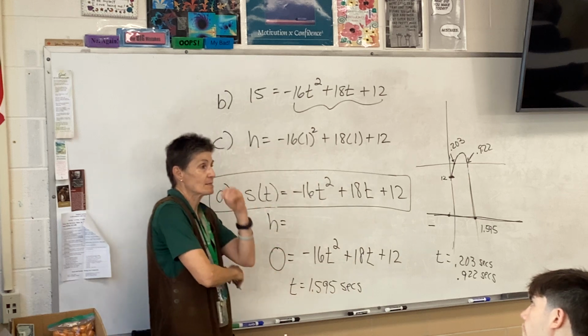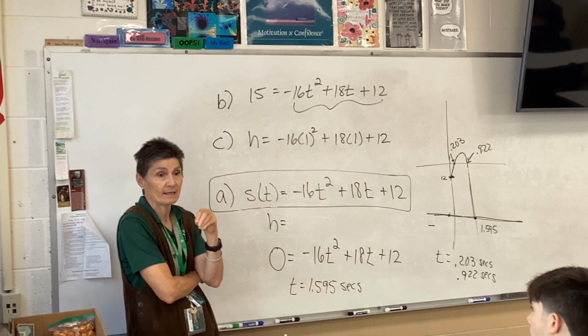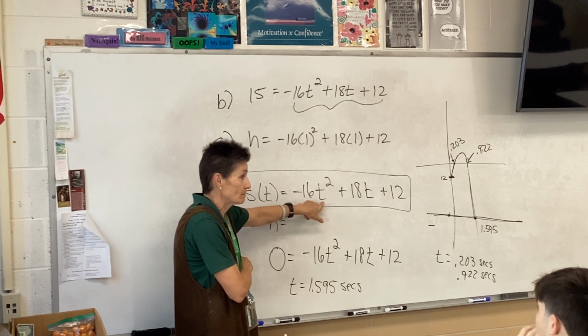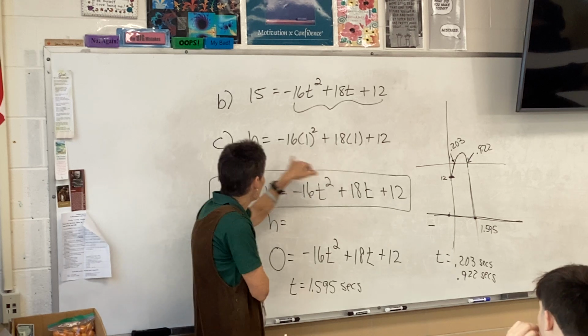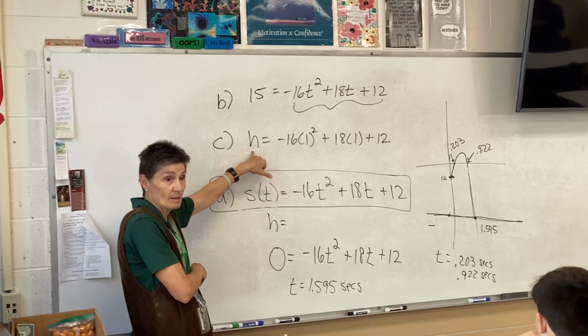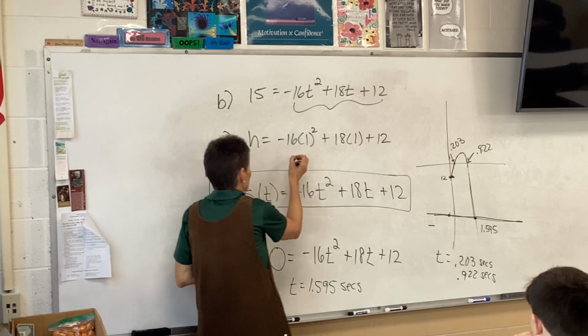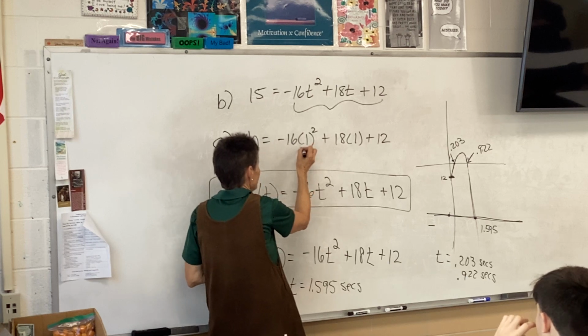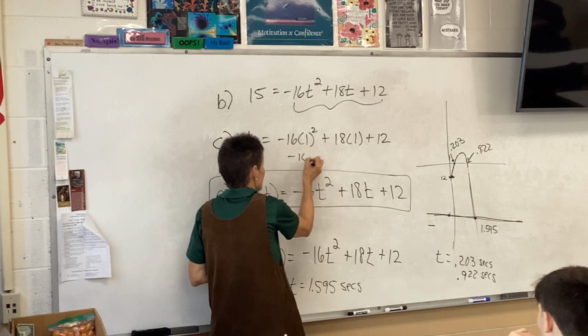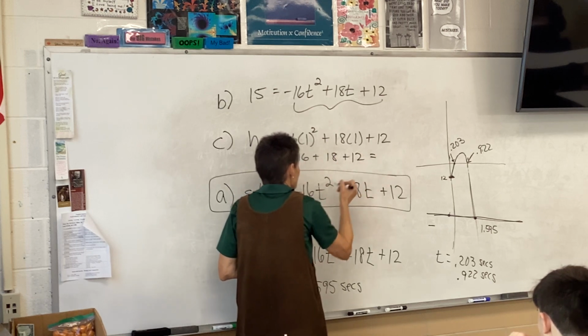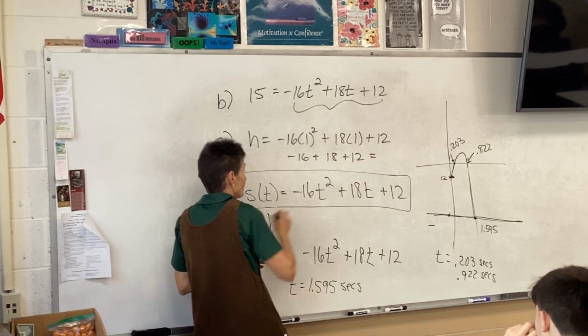How high is the ball after 1 second? 1 is your time. Put 1 in right there. Do the math, and that will tell you how high it is. So 1 squared is 1 times negative 16, 18, and 12. What does that work out to be? 14 feet.